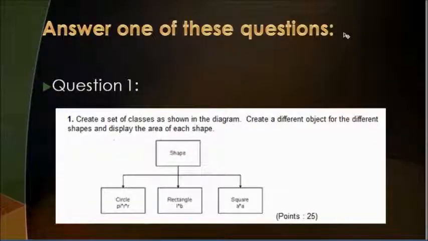So you have to answer one of these questions. The first question was to create a set of classes as shown in the diagram. So you want to make sure that you have a class called shape and 3 child classes called circle, rectangle, and square. Okay, if you don't want to do that one, maybe you'll do one of the other ones.